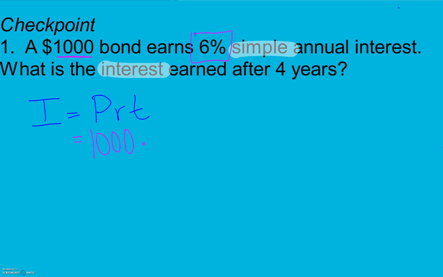Our rate we put in as a decimal, so we get rid of our percent sign and move 2 places: 0.06. Time in years. And we're looking for interest, which is I. Here we can go ahead and multiply 1,000 times 0.06 times 4, and we get $240. That's how much interest was made.